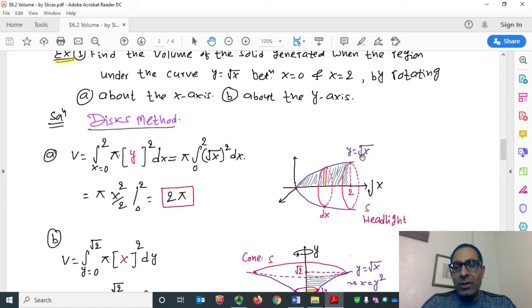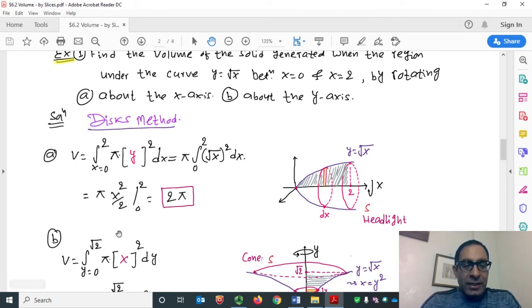This function is simply y equals radical x, so we are using y, that is radical x squared here. I hope this makes sense to you. So then the volume equals the definite integral from 0 to 2 of pi times radius squared, where the radius y is radical x, so radical x squared, dx.